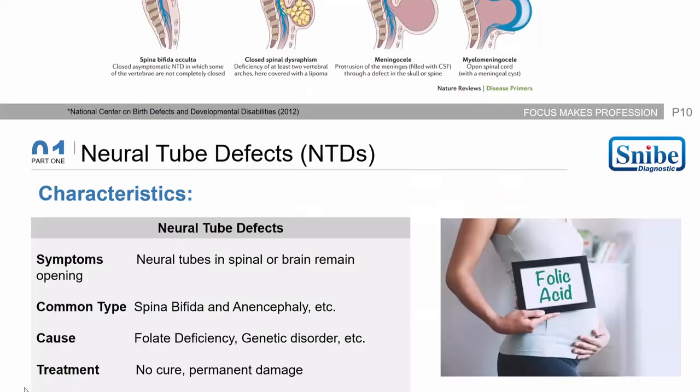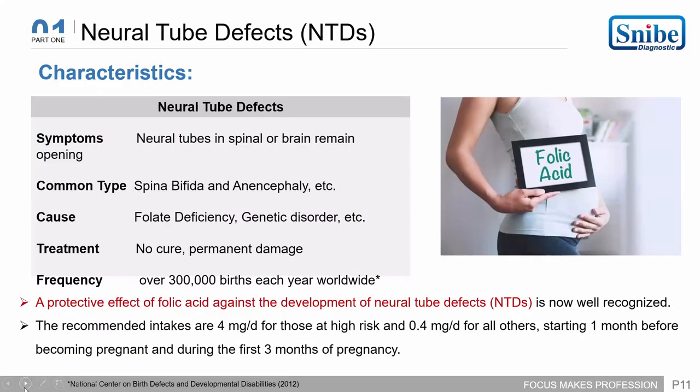If we characterize these neural tube defects, you can see that the neural tube in the spine or the brain is involved. The most common types are spina bifida and anencephaly. These are the two typical common types of neural tube defects.